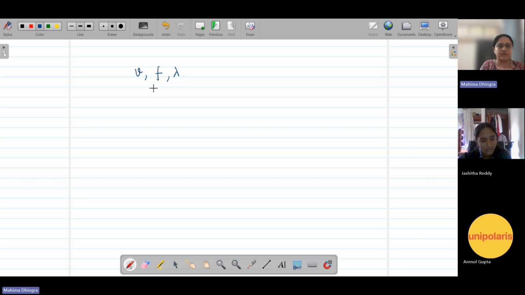And in ray optics, in the NCERT question, we have the first numerical question that is based on the same concept. They will ask you to find frequency, wavelength in two different media. So we know that frequency will be same. This will remain same in both the cases of reflection and refraction.